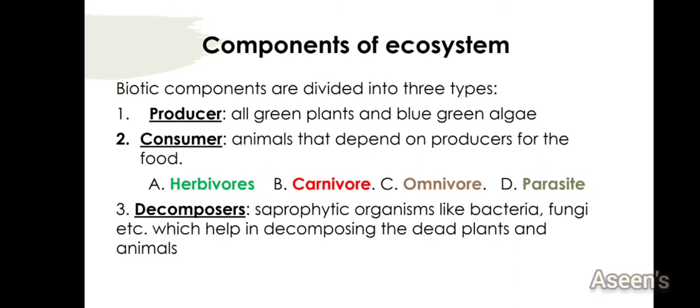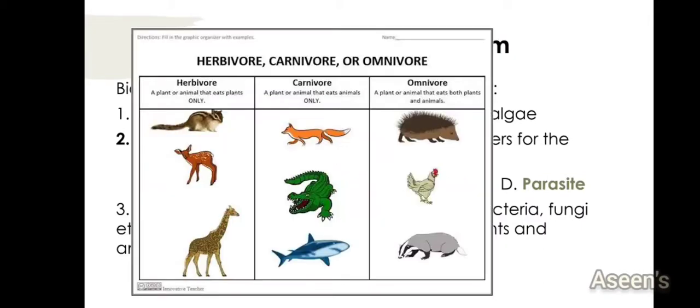Now, again, depending upon the type of diet of the consumer, they are further divided into herbivores, carnivores, omnivores, and lastly, parasite. So herbivores are the ones which depend upon only the green plants for their food. They are either grass eaters or leaf eaters, like for example goat, deer and all.